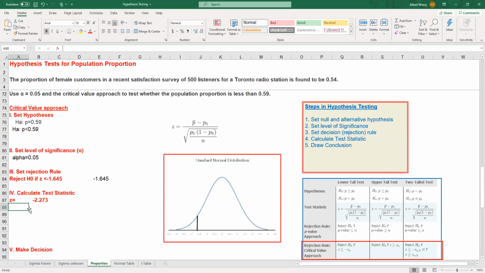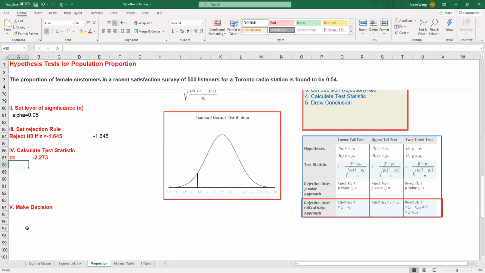And so now we can make a decision, right? So where is negative 2.273? If you draw a picture, you can see negative 2.273 is here, and this is negative 1.645. So negative 2.273 is less than negative 1.645. It's in the rejection region. So what do we do? We reject, right?